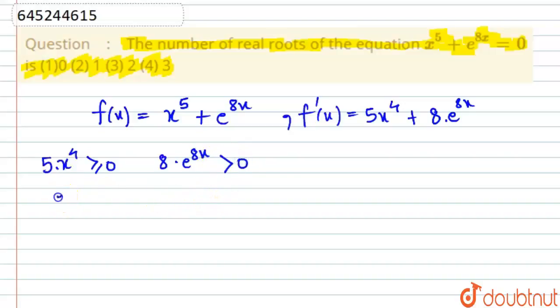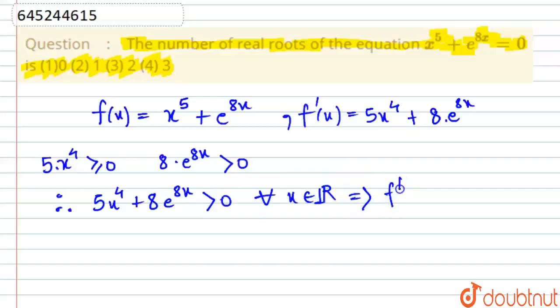So therefore what we can say is that 5x^4 + 8e^(8x) is always strictly greater than 0 for all x belonging to R. Now this implies that f'(x) is strictly greater than 0 for all x belonging to R. So for all real x, f'(x) is always strictly greater than 0.